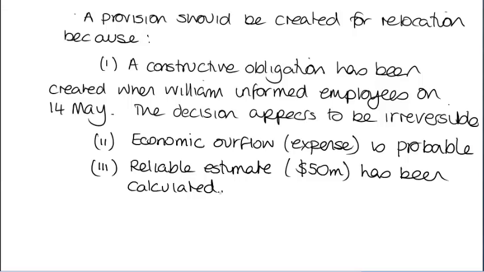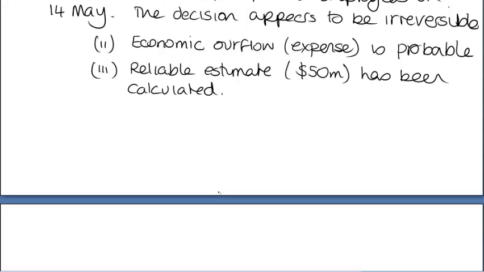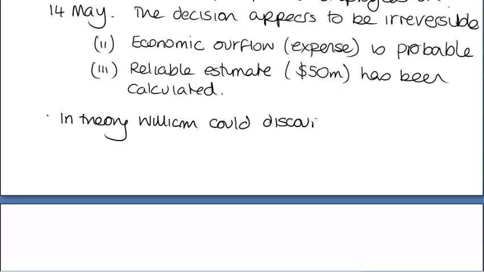It says half of the affected division's employees will be made redundant in X3. So can you see the cost? In theory, William could discount the $50 million cost.